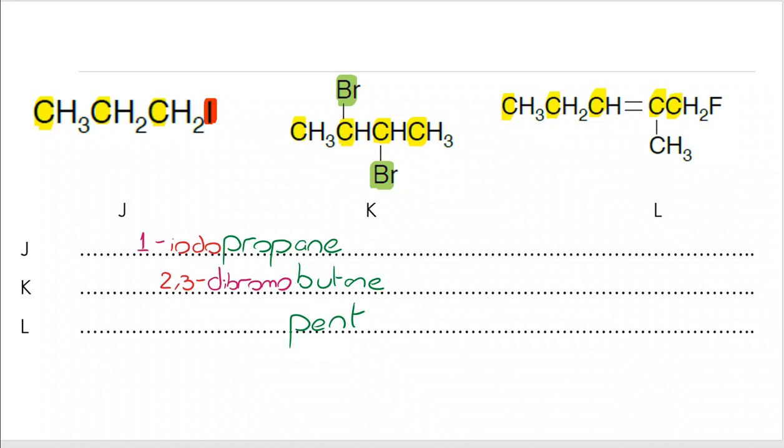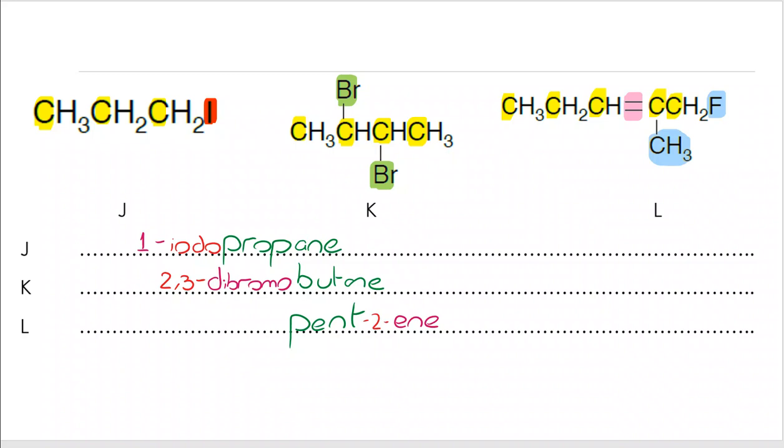I have got a double bond in there telling us that it's an alkene, so it's pentene, and again I'm numbering from the right hand side this time, so it's going to be pent-2-ene. Now I also have coming off there 2 side chains. I have a fluorine and I have a methyl. Now it's really important you put these the right way round.